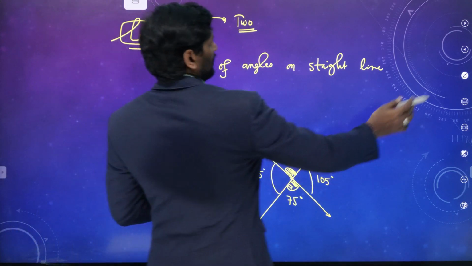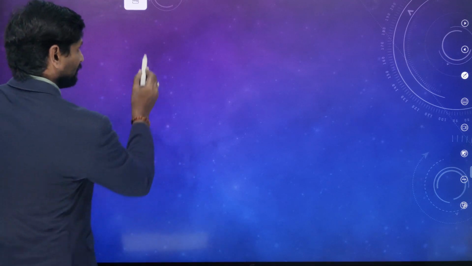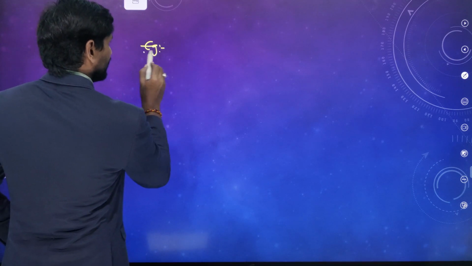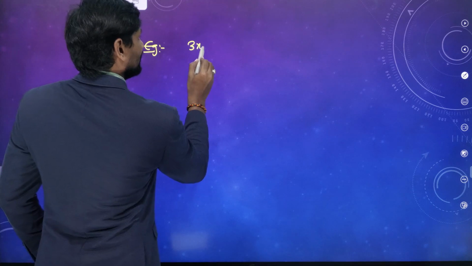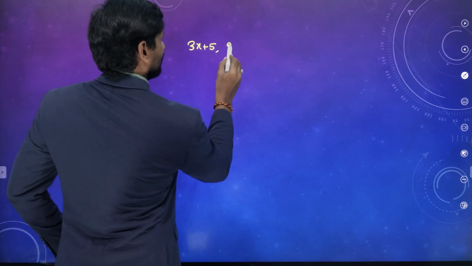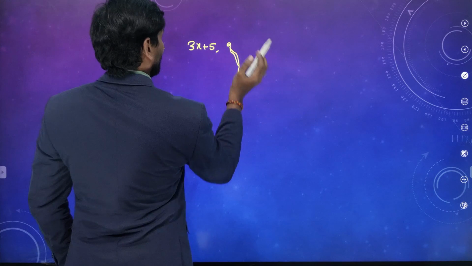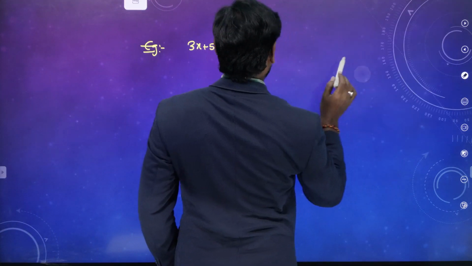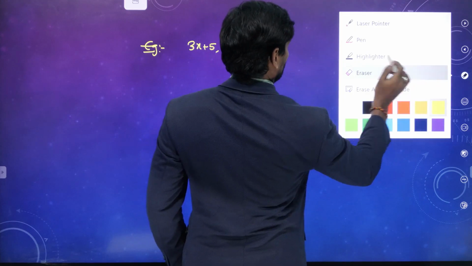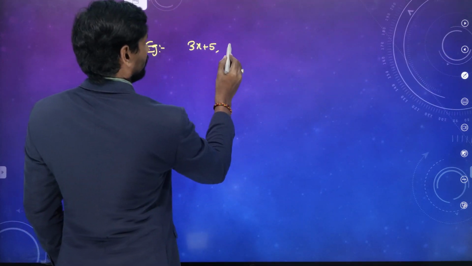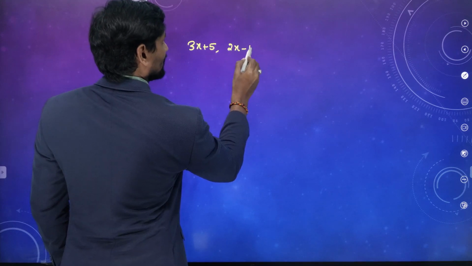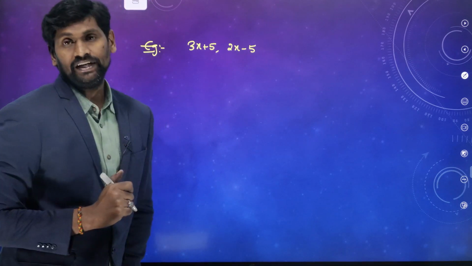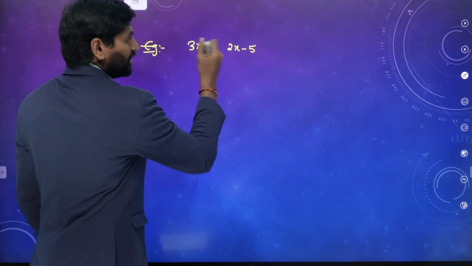Let us see some basic problems on complementary angles. For example, 3x plus 5 and 2x minus 5 are complementary.